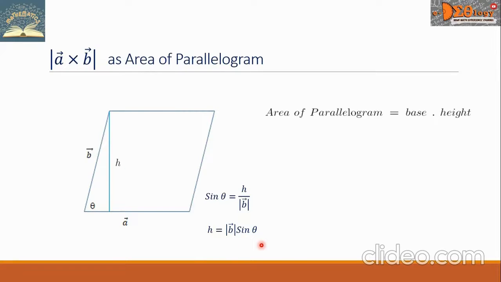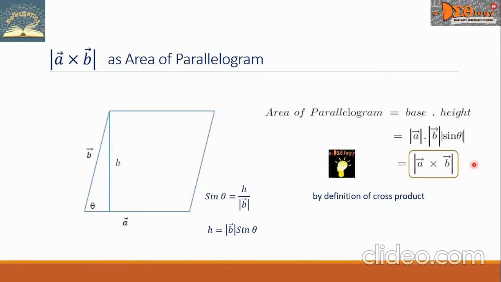Let us substitute the corresponding values. So we have here the length of vector A times the length of vector B times sine theta. So by definition of cross product, we can simplify this expression into the magnitude or length of vector A times vector B. This is now our working formula.